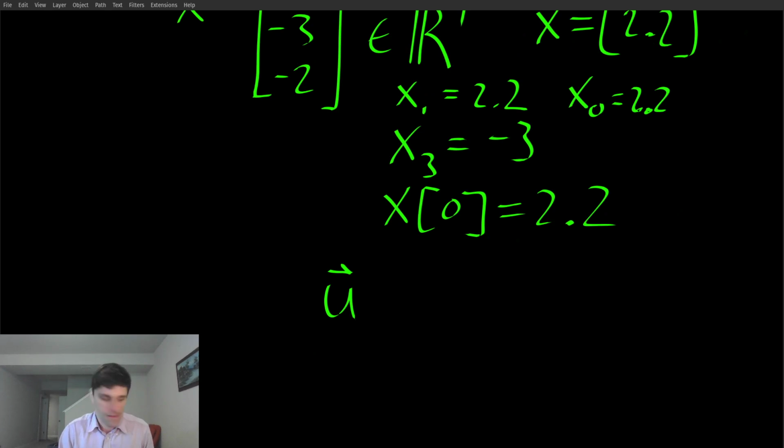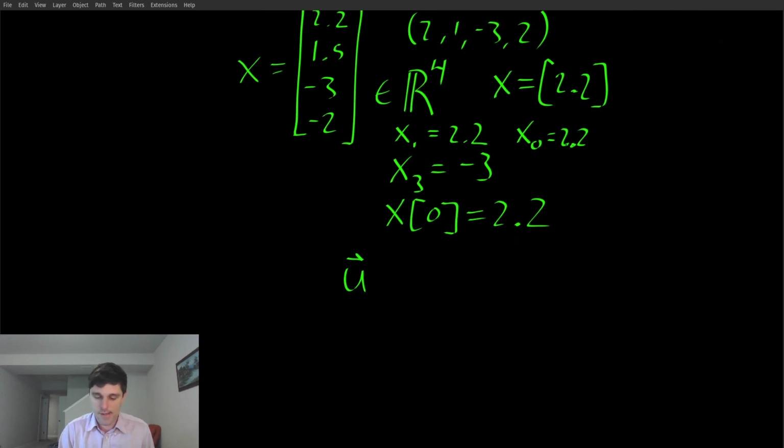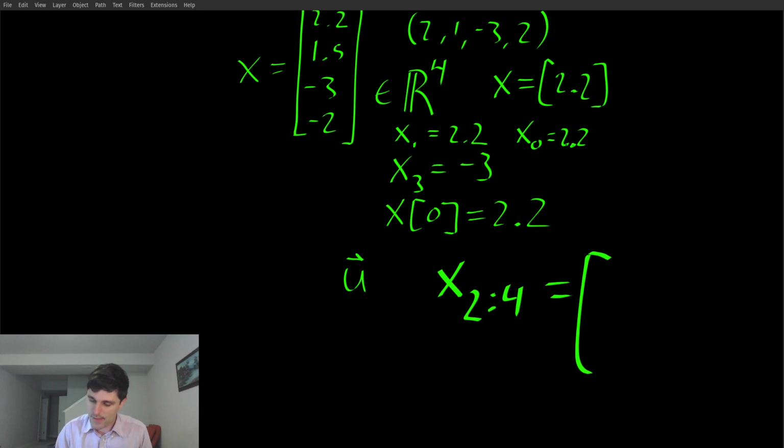So I might say x sub 2:4, meaning the slice that has those, which would be like a subvector, right? And that's 1.5, -3, -2, right?